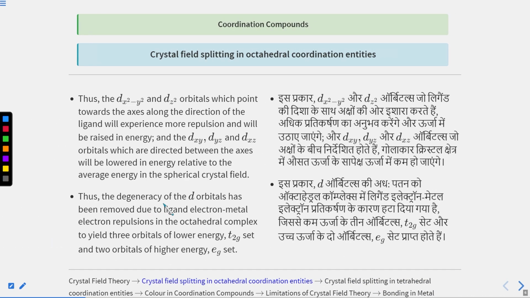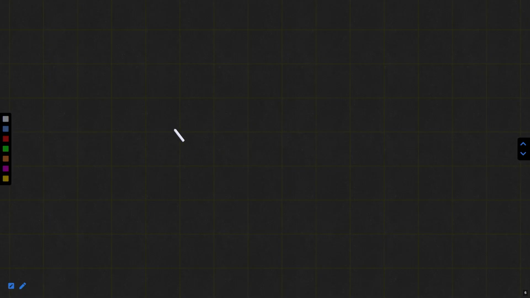Now the dx square minus y square and dz square are the two orbitals which are along the axis. If you remember, I have told you that dz square and dx square minus y square, these two orbitals are along the axis. So if I draw it again, suppose I am drawing dx square minus y square, it will look like this.